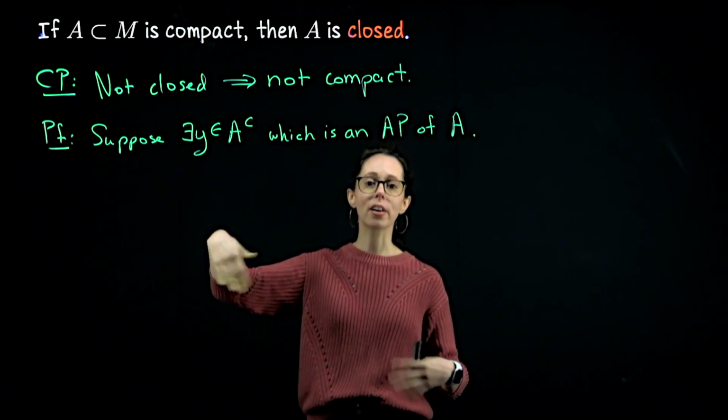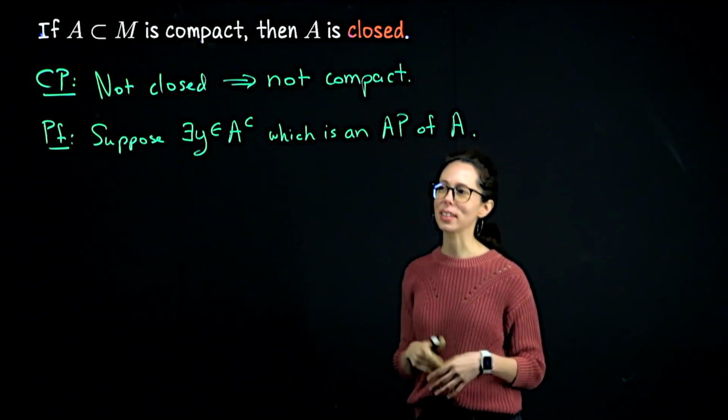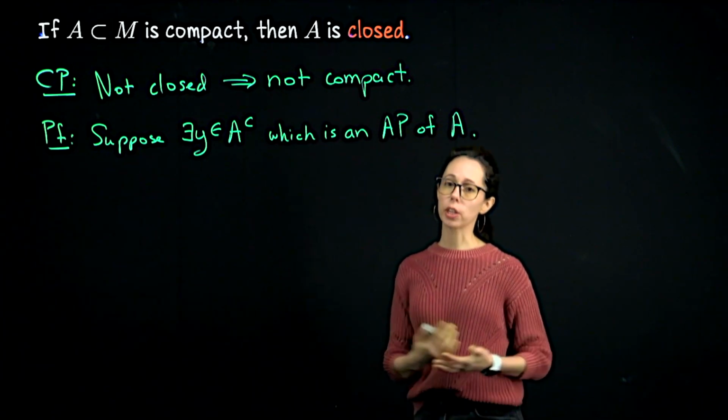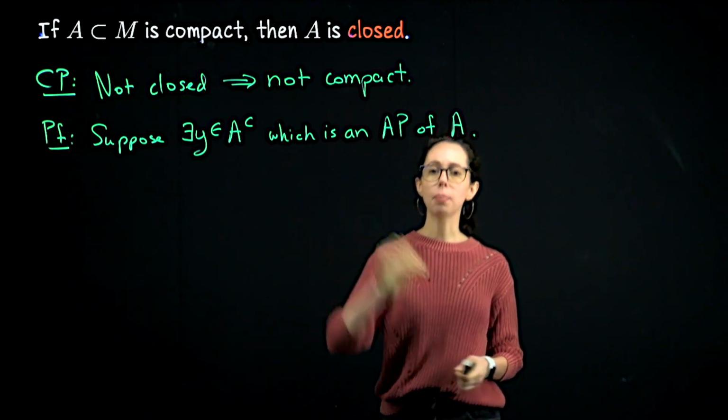I would say "suppose there exists" and write it out much more nicely, but on the board I have to use shorthand. Okay, so suppose that there's an accumulation point of A in the complement.